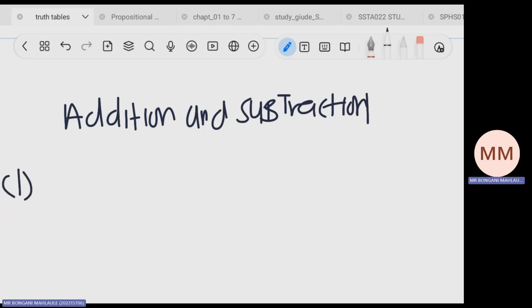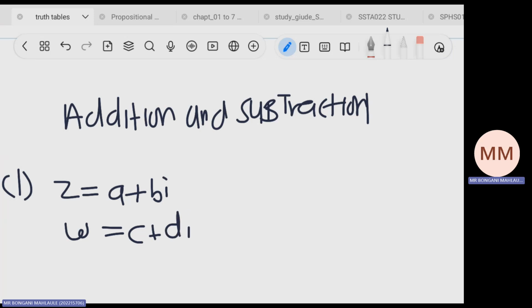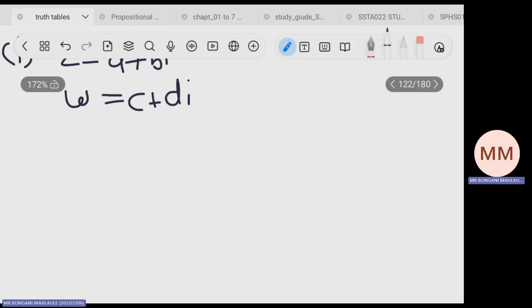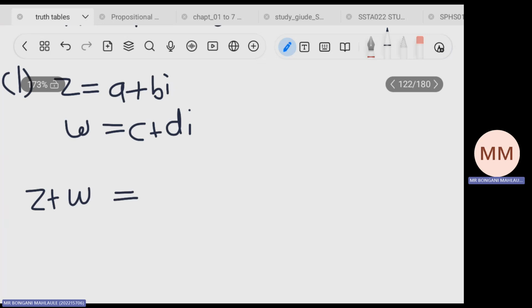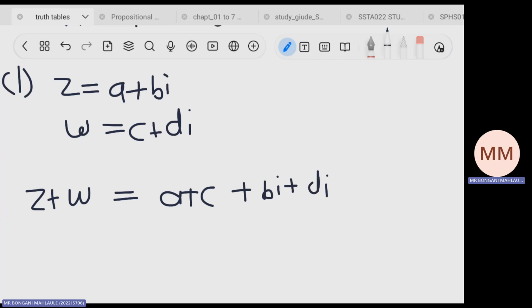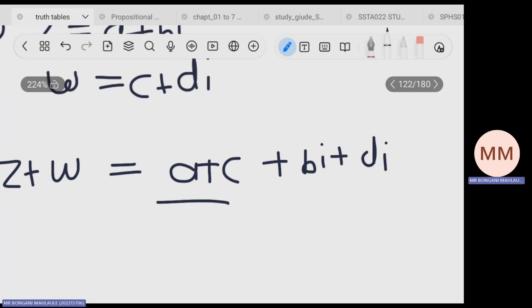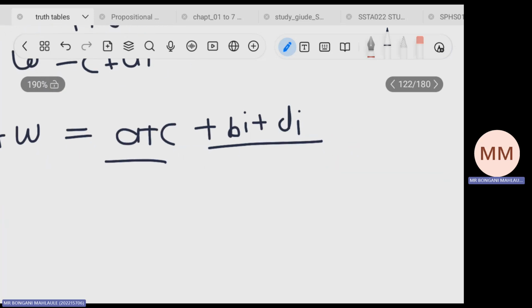Number 1, given that z is equal to a plus bi and w is c plus di, we can perform the addition of z plus w. This will just give us a plus c plus bi plus di. So you add the real numbers together and the imaginary numbers together.